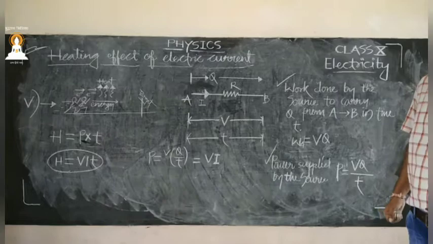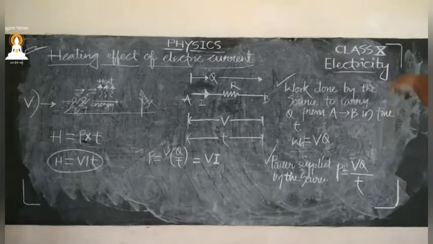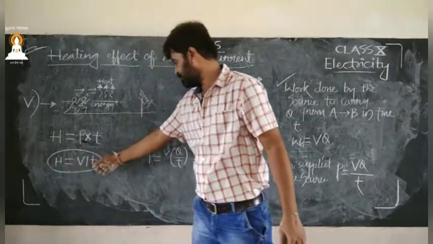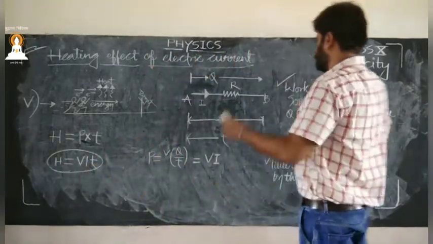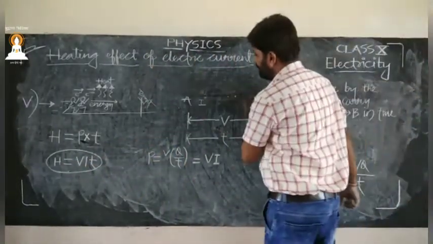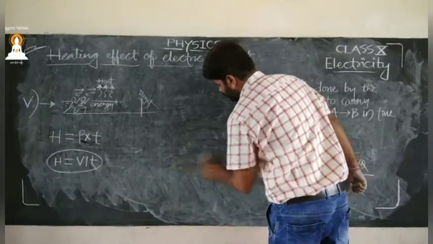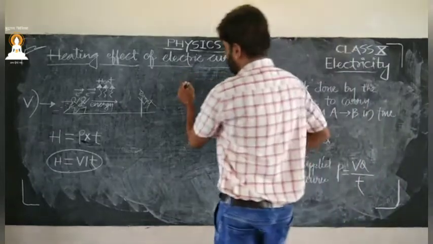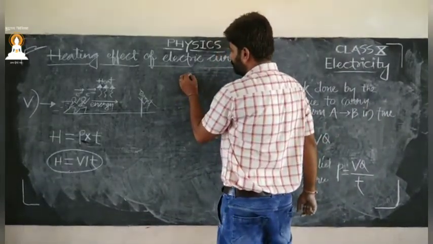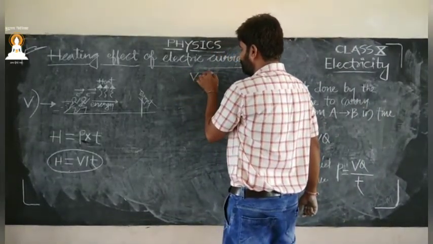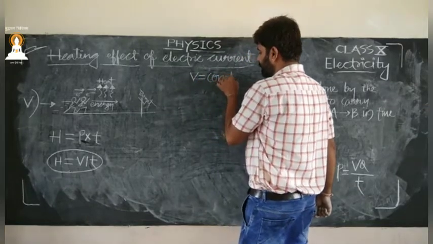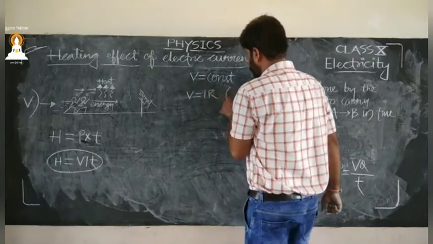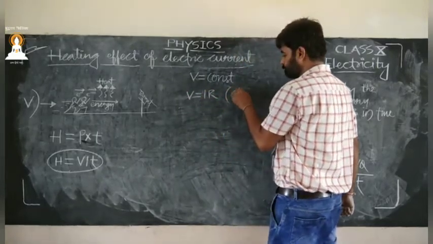So this energy gets dissipated in the resistor as heat. Okay, so this is the heat dissipated, that is V into I into T. Now suppose V is constant, then I will write V is equal to I into R, according to Ohm's law.